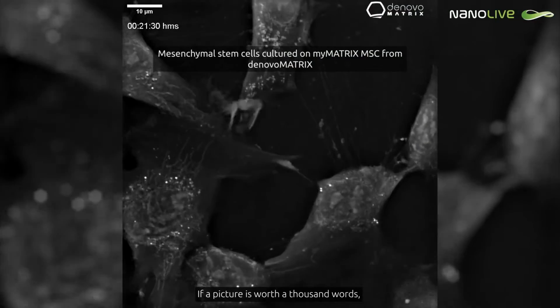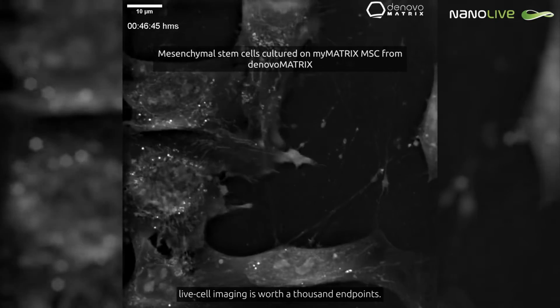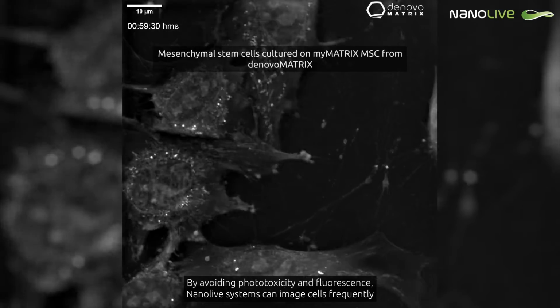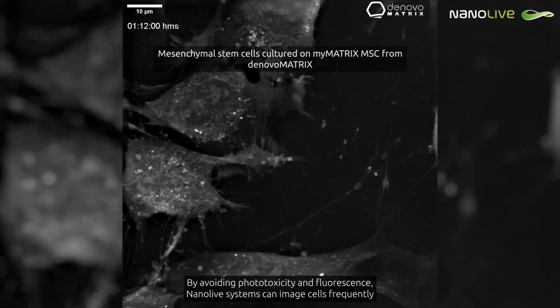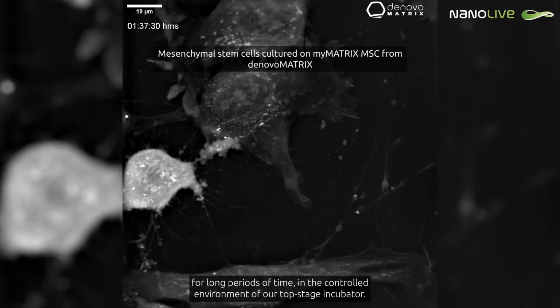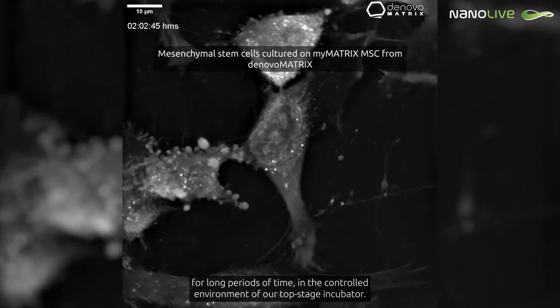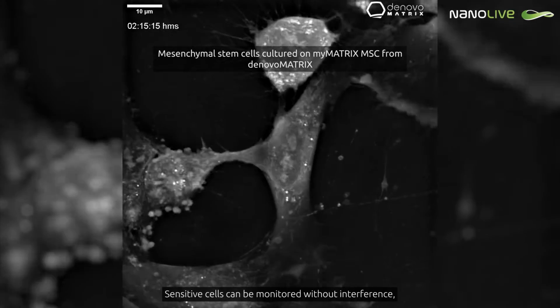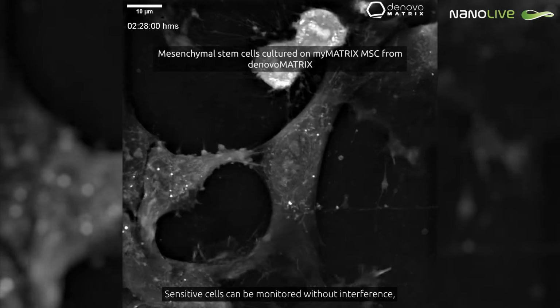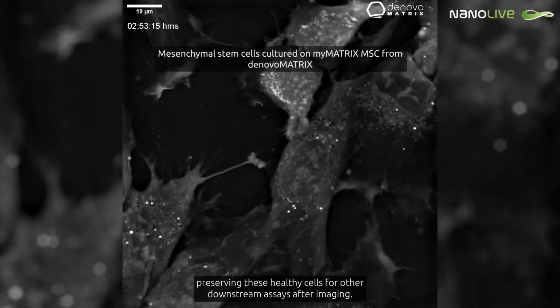If a picture is worth 1,000 words, live cell imaging is worth 1,000 endpoints. By avoiding phototoxicity and fluorescence, Nanolive systems can image cells frequently for long periods of time in the controlled environment of our top-stage incubator. Sensitive cells can be monitored without interference, preserving these healthy cells for other downstream assays after imaging.